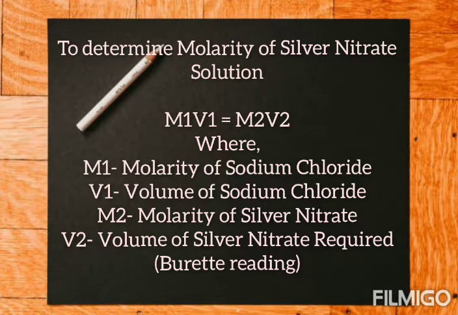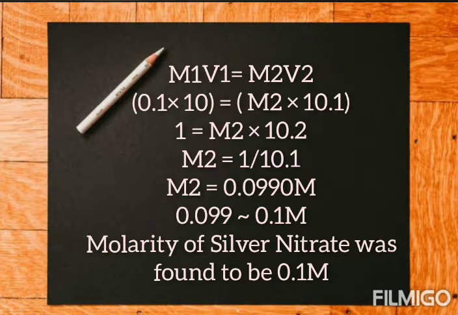First, to determine the molarity of silver nitrate solution by using the formula M1V1 = M2V2, where M1 is the molarity of sodium chloride solution, V1 is the volume of sodium chloride, that is 10 ml, M2 is the molarity of silver nitrate, and V2 is the volume of silver nitrate required, that is the burette reading.